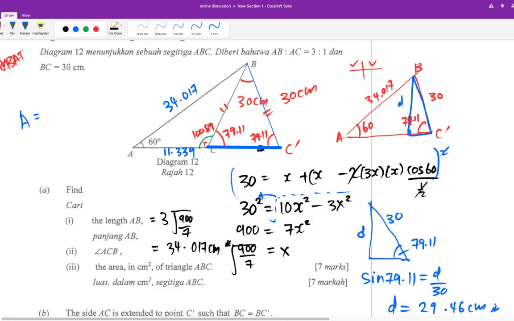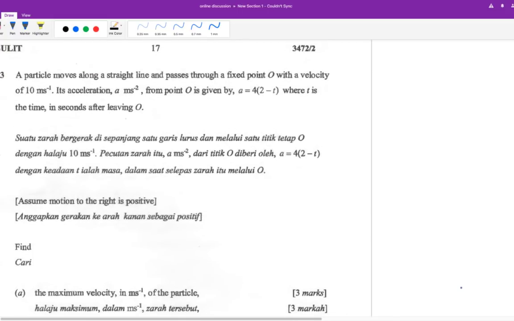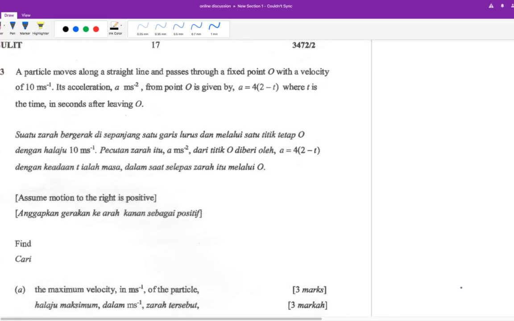I hope you can understand this whole 12 mark question. It's not really hard as long as you get it. Okay, then we go to question 13. This one is motion along a straight line. A particle moves along a straight line and passes through the fixed point O with velocity 10.